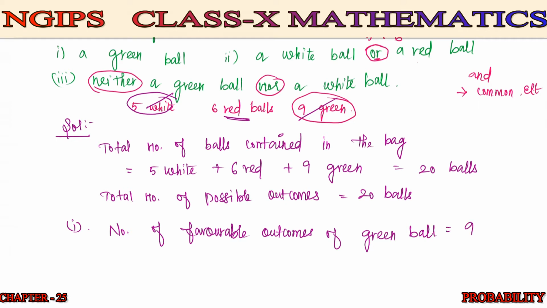And next we have the total number of possible outcomes. I am going to apply the formula here.